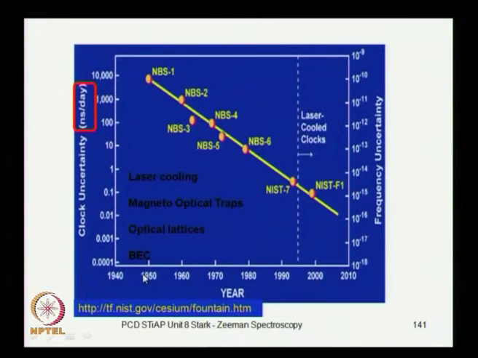In 1950 it was about 10,000 nanoseconds per day. That was the accuracy of the clock according to the technology available at the time, and then slowly this improved, and you get more and more accurate clocks, and now it is approaching these numbers over here. So you get extremely accurate clocks which you really need to monitor your global positioning system and many other processes.